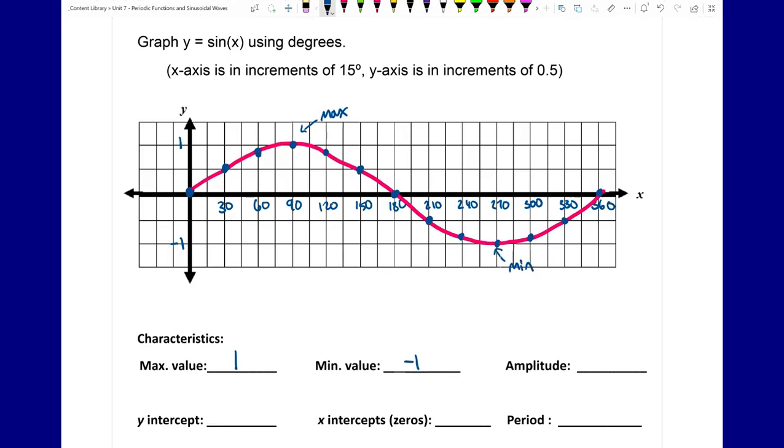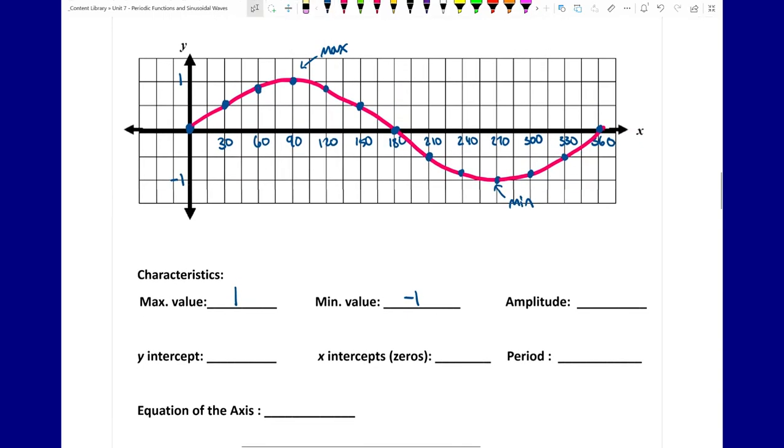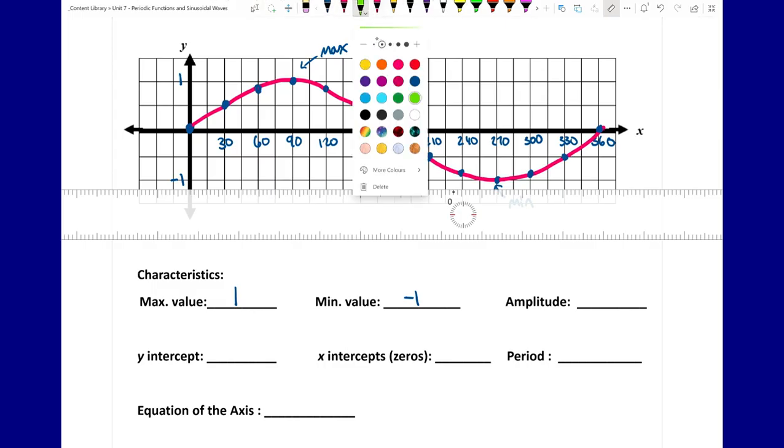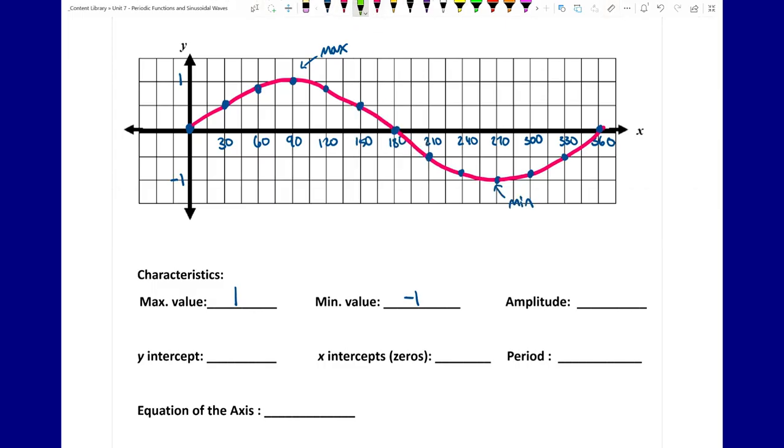Our amplitude is from the midline, or from our axis, up to our max or down to our min. So in this case, I'm going to figure out my axis first. I could look at it and clearly see where my midline is, or I can take the maximum plus the minimum, divided by 2.